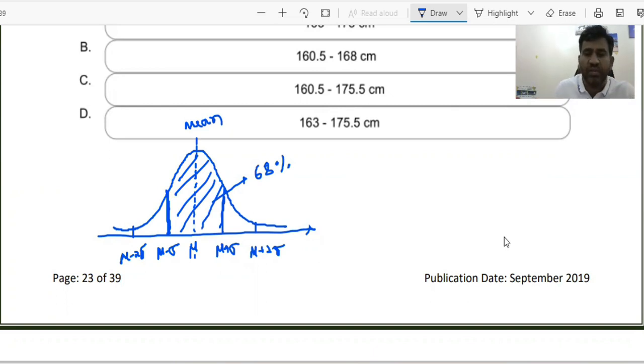So we usually say approximately 68%, and this is called the first standard deviation. The window from here to here is represented as the second standard deviation.